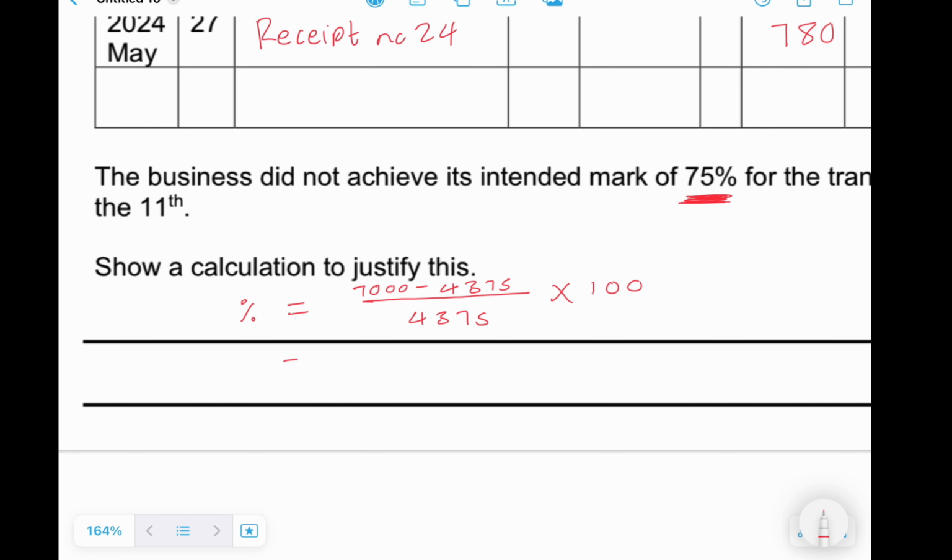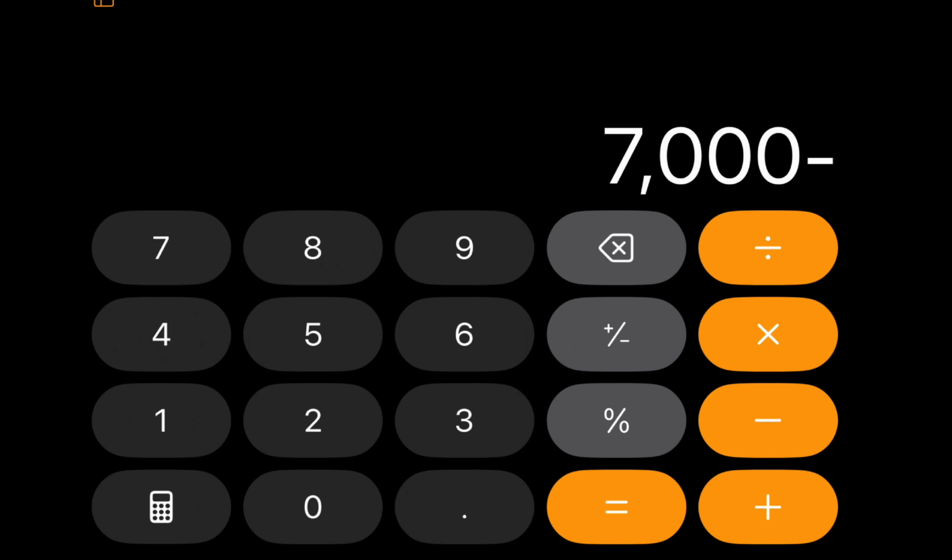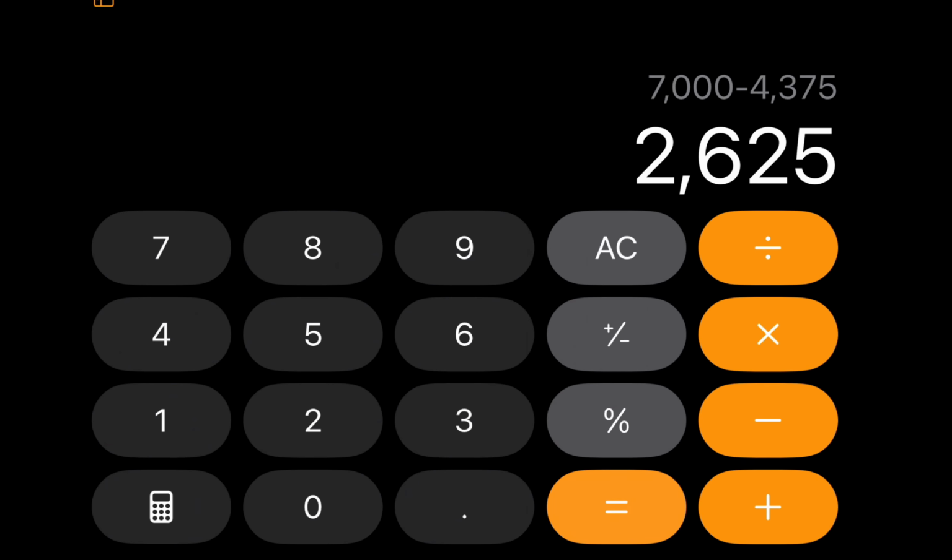Now you put it in your calculator. You can start with the number at the top, 7,000 minus 4,375, which is 2,625.